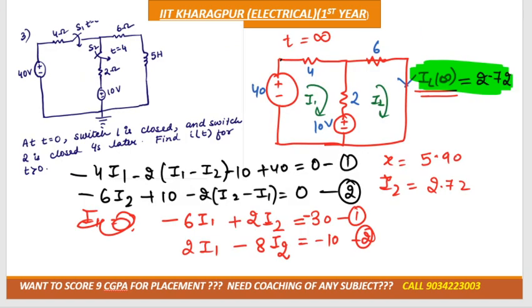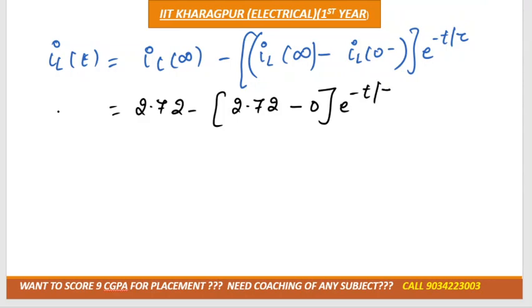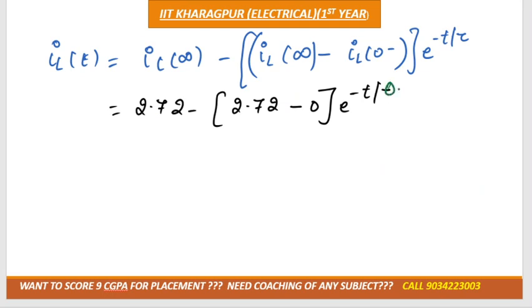So IL of infinity, how much did we get? 2.72. IL of 0 minus is 0. e raised to the power minus t by tau. So tau we got as 0.68, right?